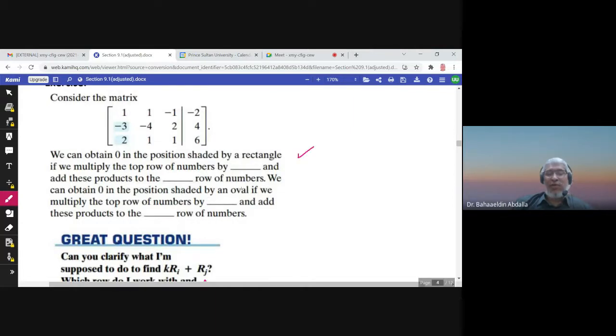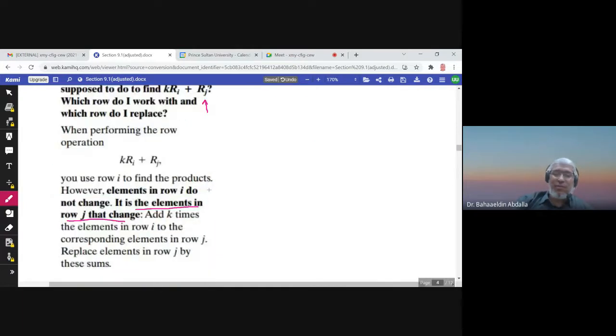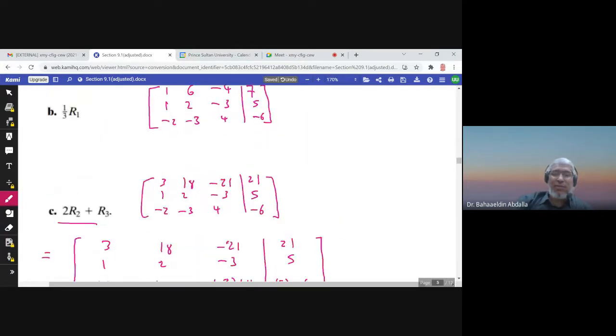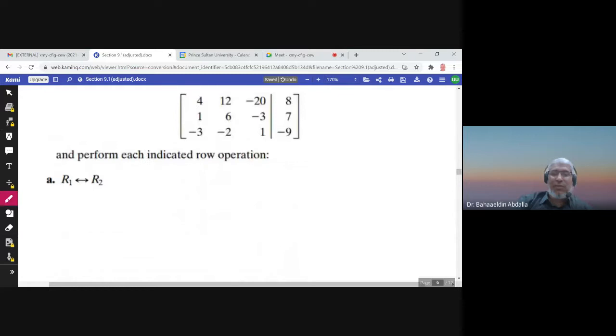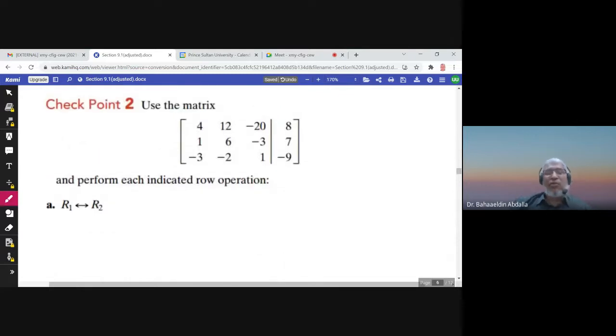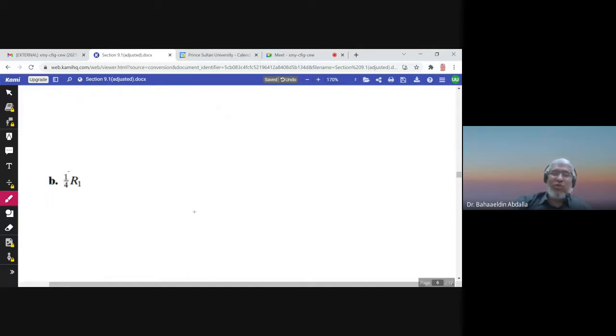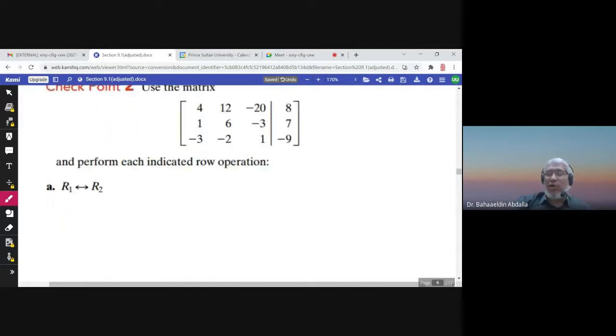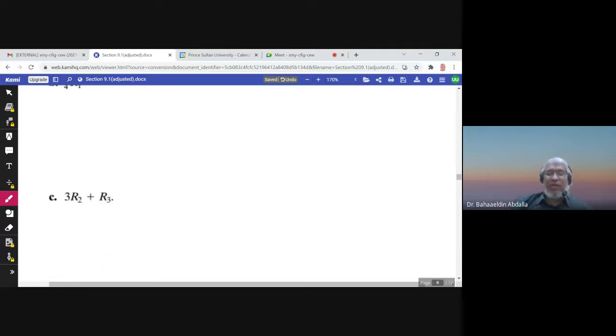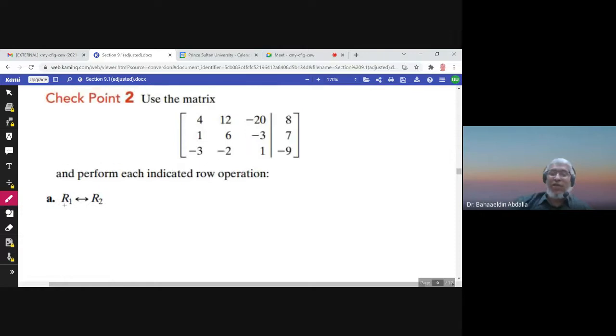After what we said, we can solve it easily. And also please do this one. Perform this operation: interchange row 1 and row 2, multiply row 1 by 1 over 4, and try to do this one. Multiply row 2 by 3 and add it to row 3. So row 3 would be changed.